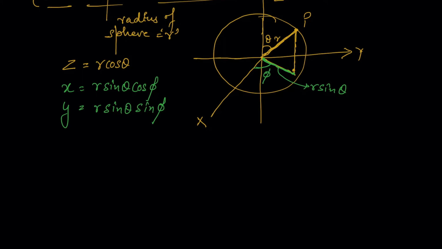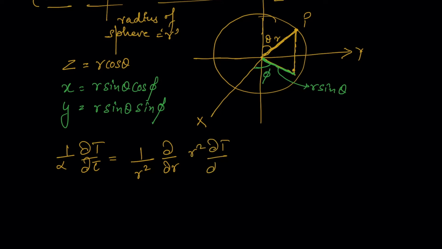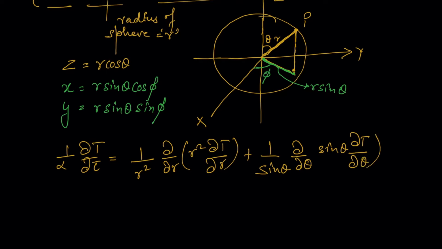And that is 1 by alpha del T by del tau equals 1 by r square del by del r of r square del T by del r, plus 1 by sin theta del by del theta of sin theta del T by del theta, plus 1 by sin square theta del square T by del phi square.